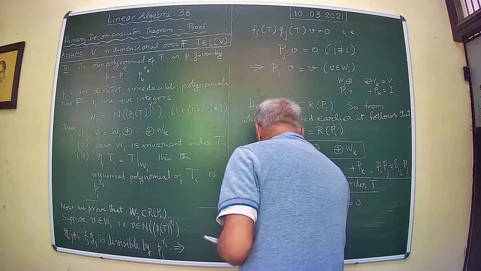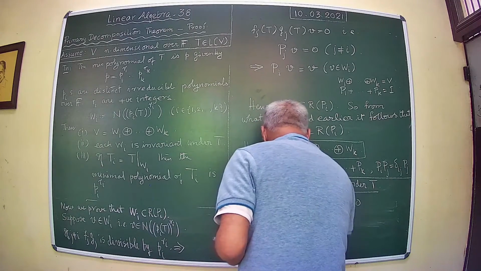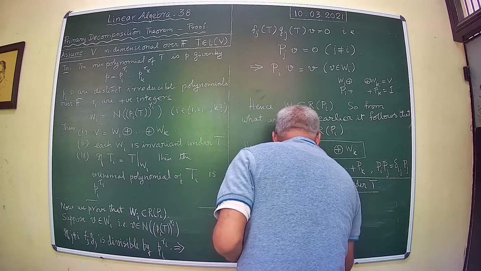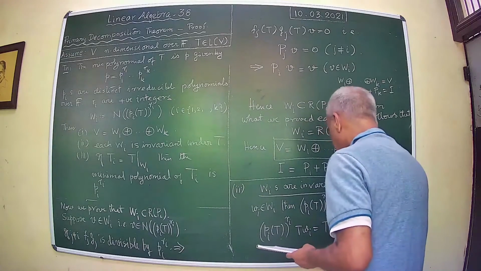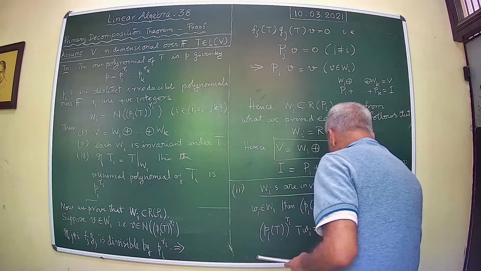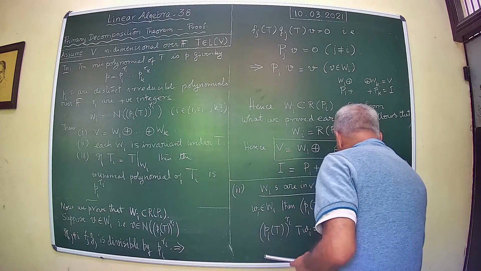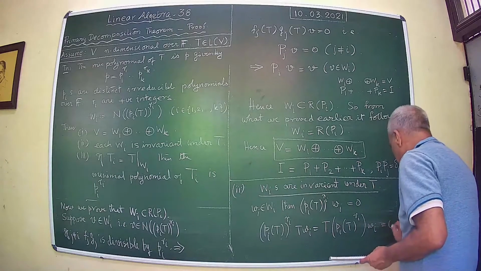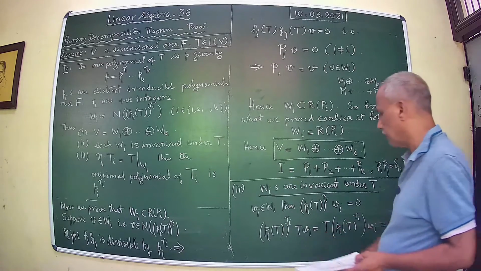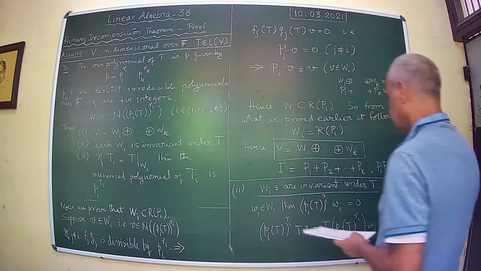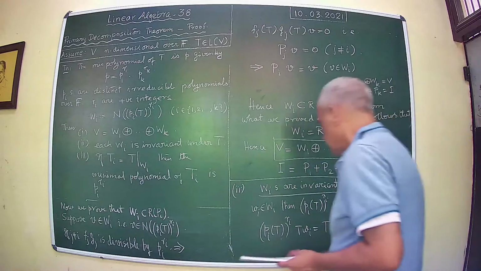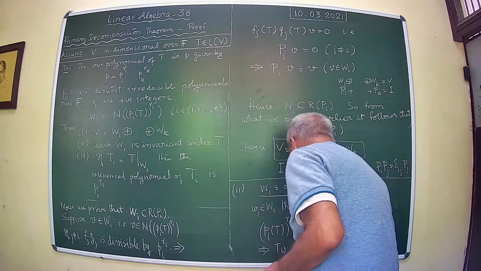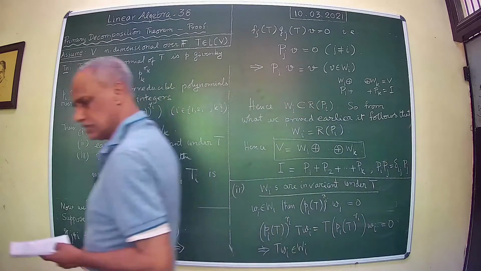So you have Pi T to the power ri, because they commute, I can just use this w which is equal to 0. But this part is 0, therefore this is 0. Therefore what does it do? This is that. So that is very simple.